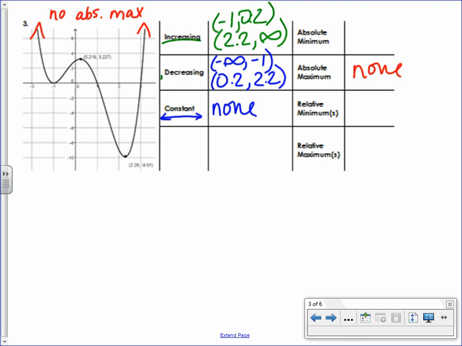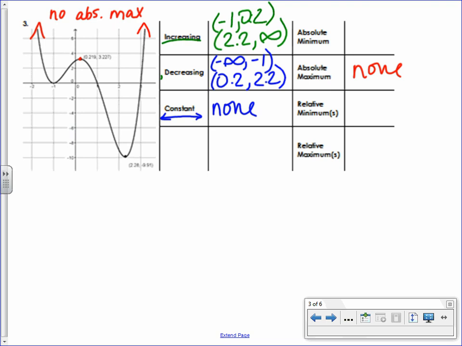Now I do have a relative maximum, because you're looking at it and you go, okay, but I see one hilltop right there. Well, that one hilltop could be your relative maximum. I know it's a little bit blurry on my screen, you'll probably be able to see a little better.